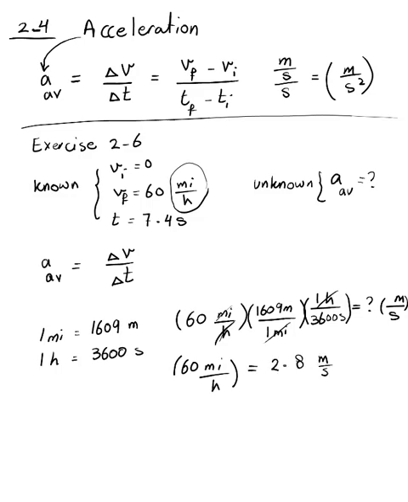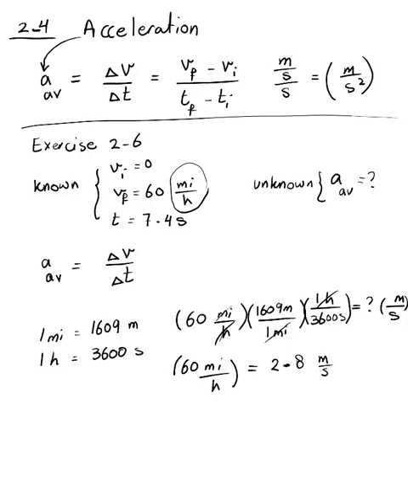Okay, using my calculator I'm getting 2.81666666 and so on. But as we talked about, the correct sig figs: my problem gives only two significant figures, so I just keep it at two significant figures. So 60 miles per hour is going to be 2.8 meters per second.